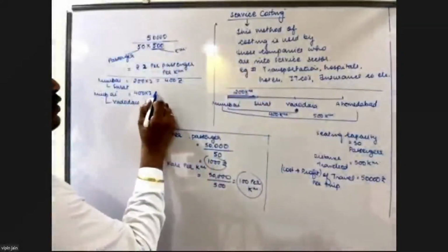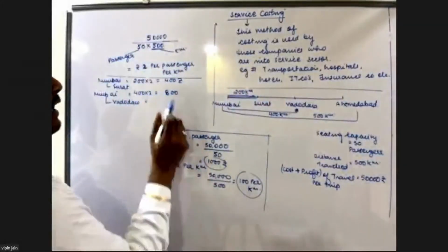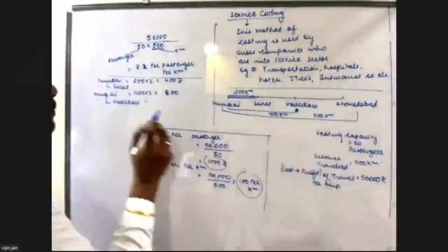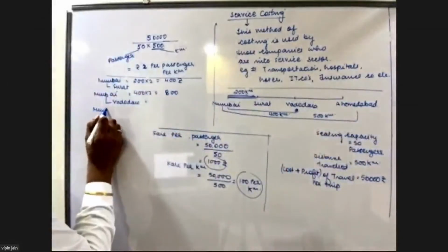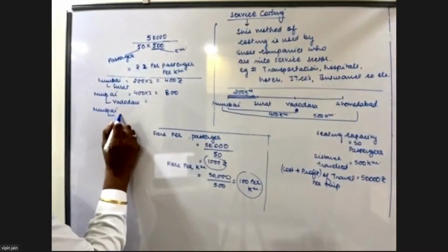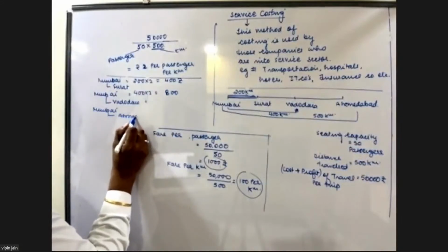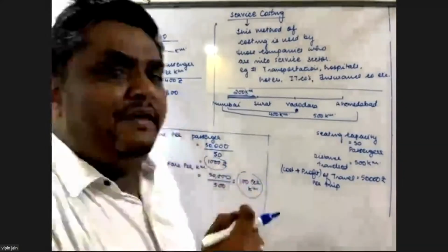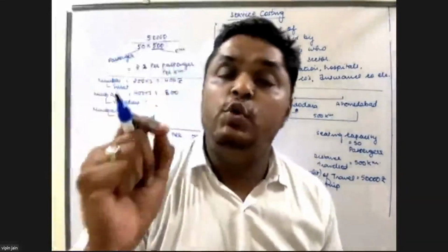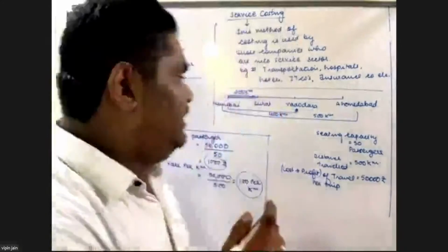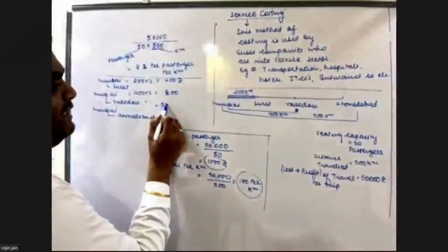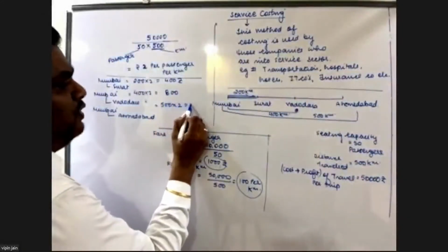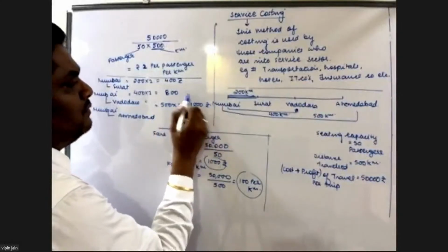So 400 into 2, that is 800. And if a person is traveling from Mumbai to Ahmedabad, again, I am expecting a revenue of rupees 2 per passenger per kilometer traveled. So the distance traveled is 500 into 2, that is 1000.